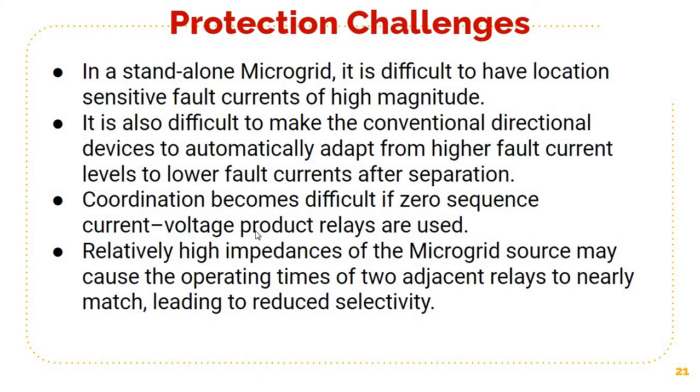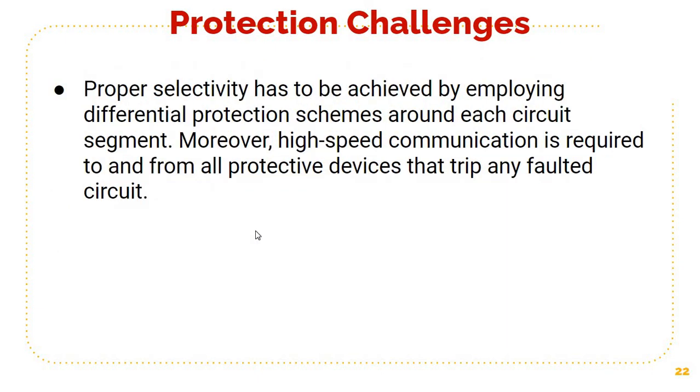So sometimes more than one relay might trip at the same time. So the proper selectivity has to be achieved by employing differential protection schemes around each circuit segment. Again, we need high speed communication to all protective devices that trip any faulted circuit.